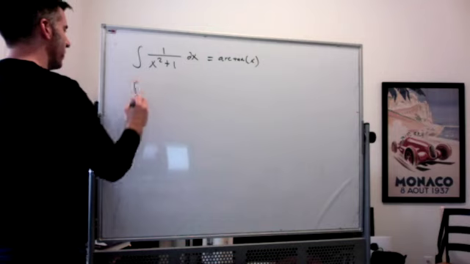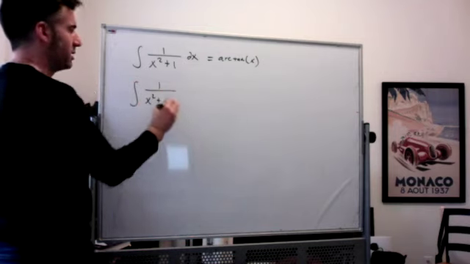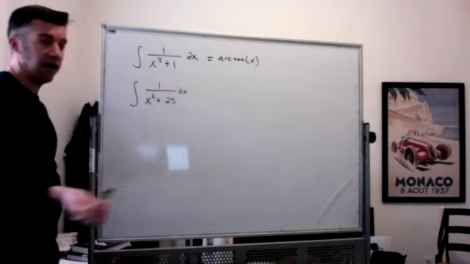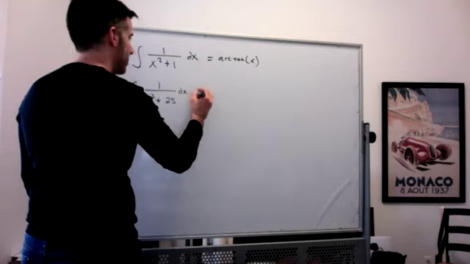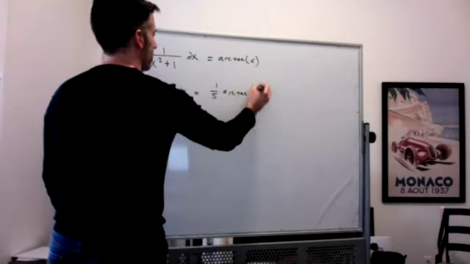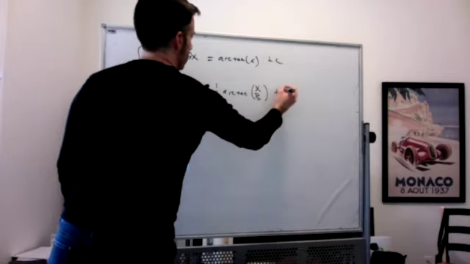And more generally, if you integrate like 1 over x squared plus, say 25, well, now I have to remember what it is. It's 1 over 5 arctangent of x over 5 plus c.